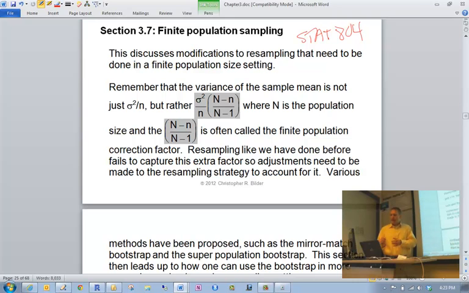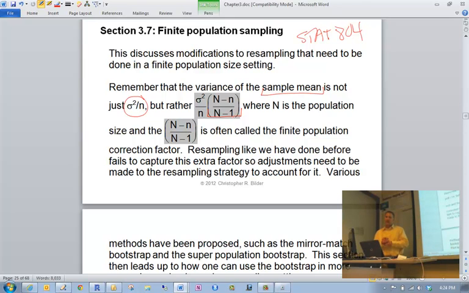In particular, what makes it difficult, and you can't just apply the Bootstrap the way we normally would, is that, let's say you're interested in the sample mean. Normally, the sample mean has a variance of sigma squared divided by n, but in your very first stat course, you typically learn that if you do have a finite population size, you have to worry about that finite population correction factor, where capital N is the population size.